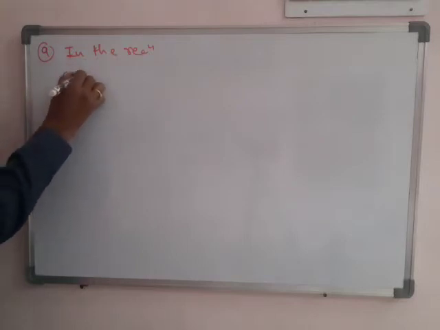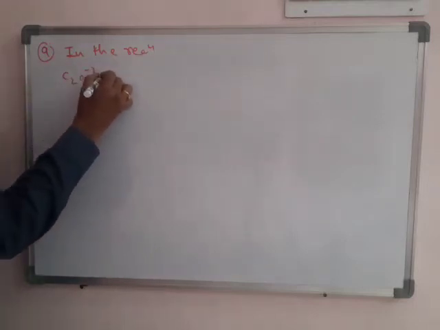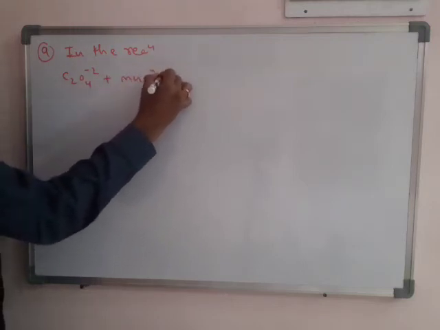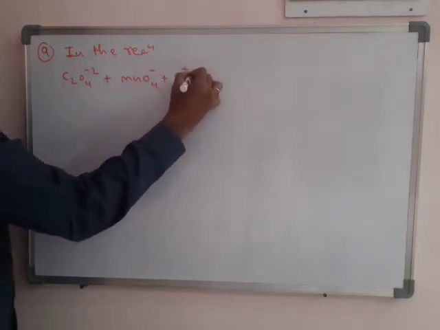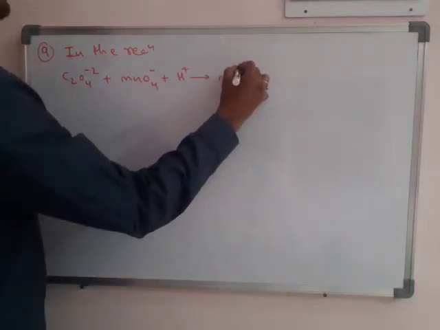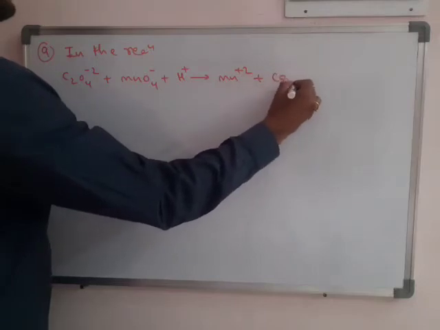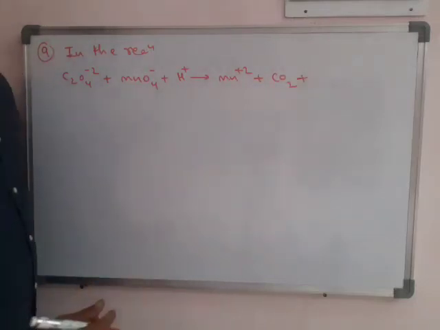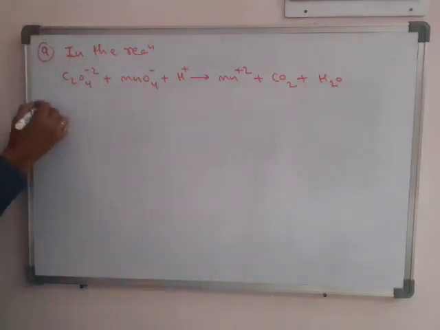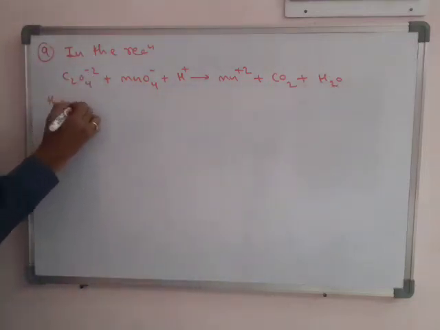So the reaction is given: C2O4 minus 2 plus MnO4 minus plus H plus. So it is directly given in the question. Manganese ion and carbon dioxide and H2O. We have to find the reductant. In the question we have to find the reductant.